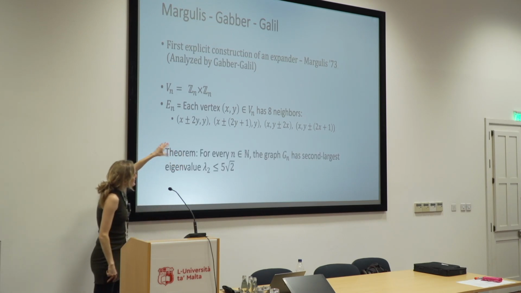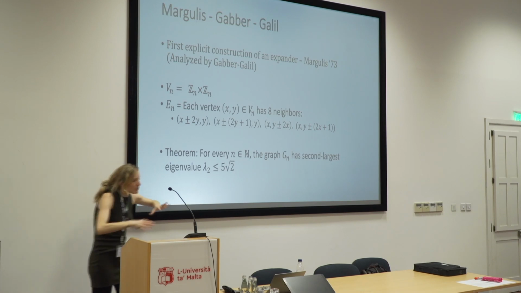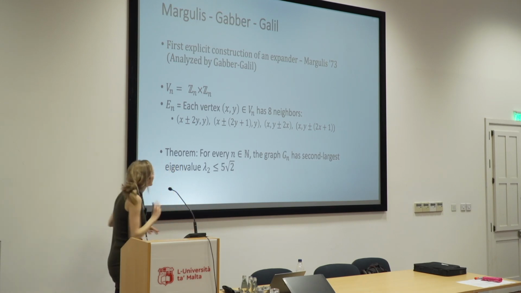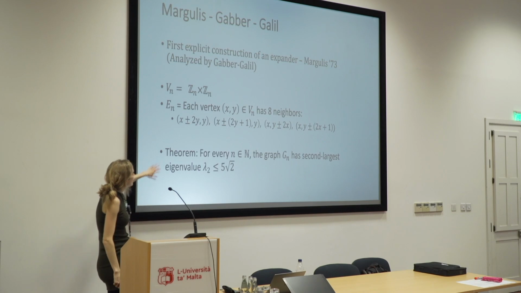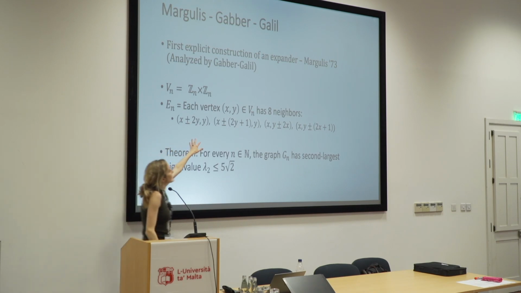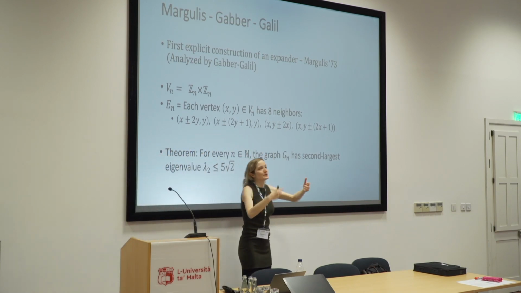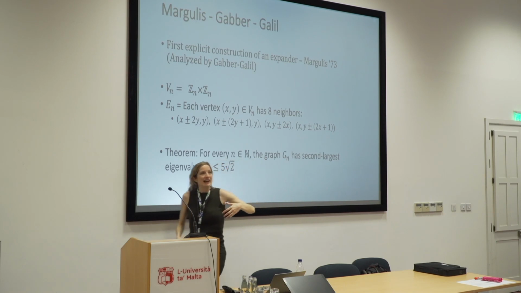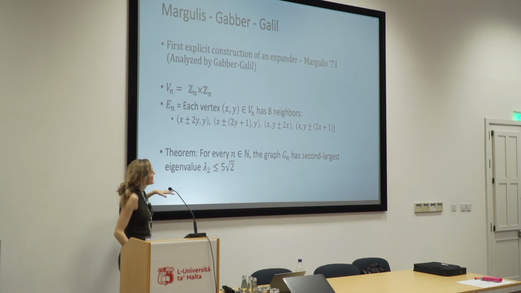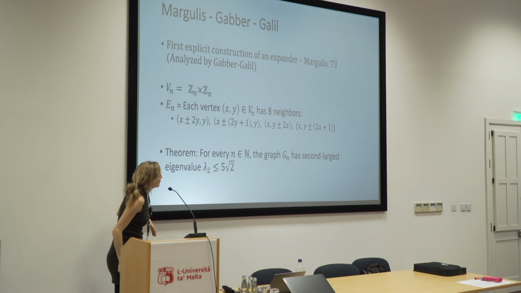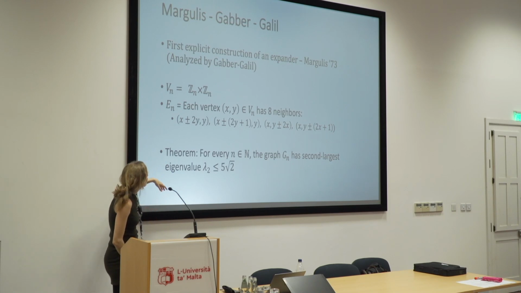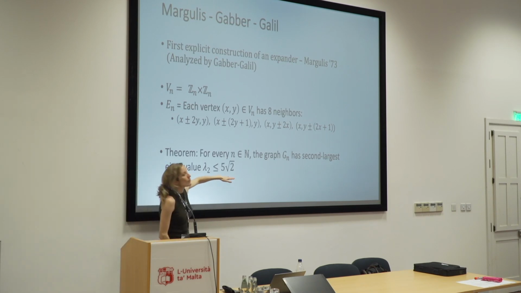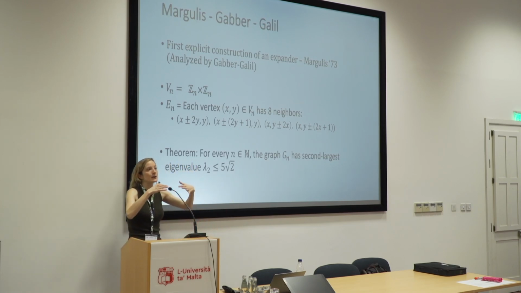I'm not going to go much deeper, since I still want to cover a number of other things. But this is an example of a very structured graph, and you can show that it's at least a decent expander. Remember, one way of saying that this is an expander is by looking at the eigenvalues of the graph.